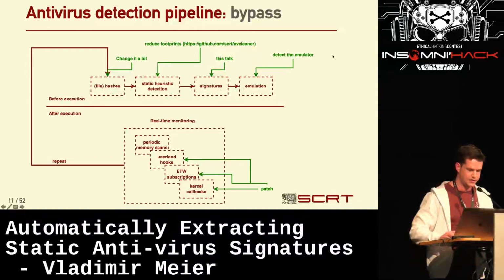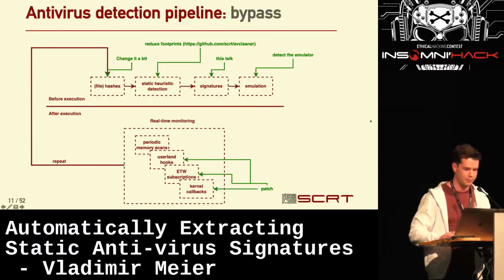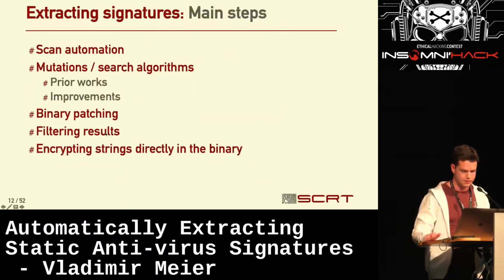And to detect the emulator, that's one way to defeat it. And with regards to real-time monitoring, you can just patch the different hooks, even if they are in kernel land, there is no problem to do that, and it will make the antivirus blind.